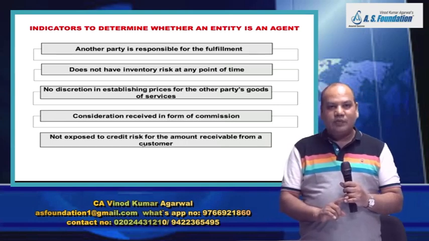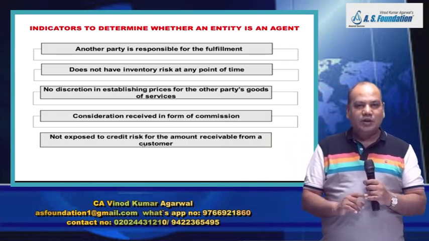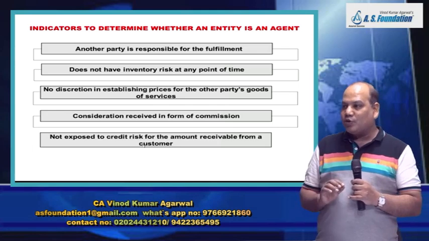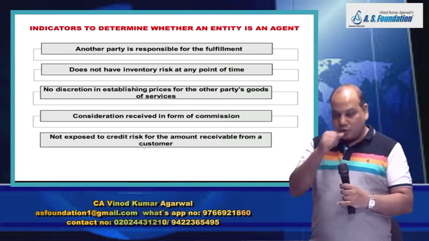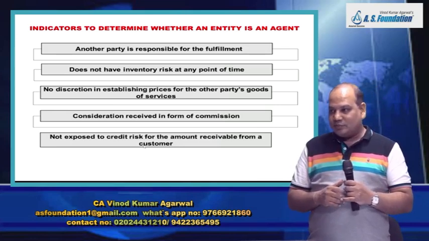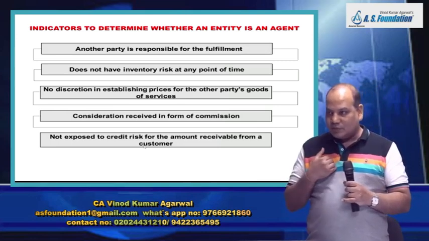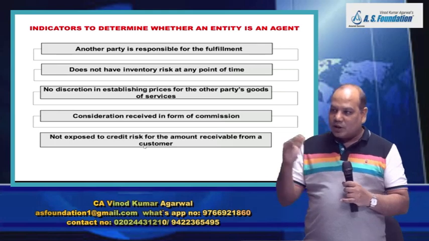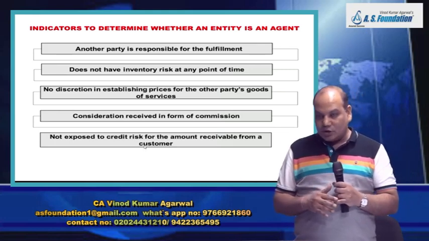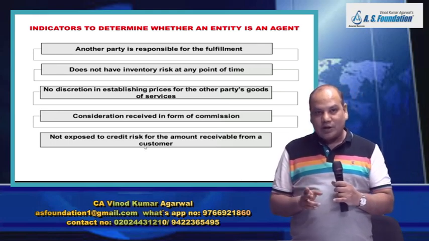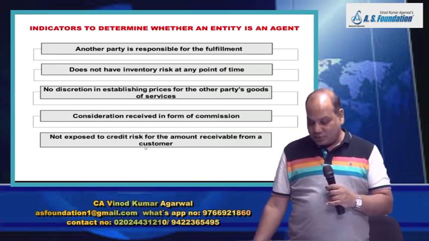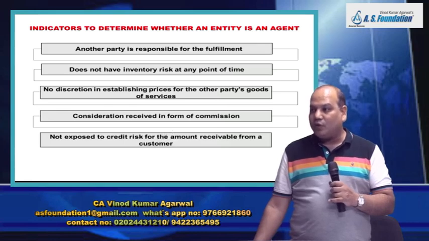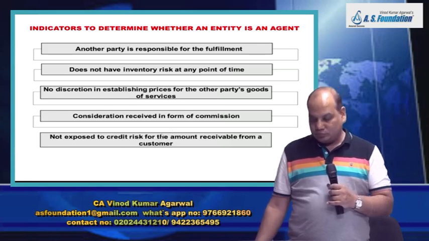So how do I identify an agent? He has no performance obligation. That means he is not responsible for fulfilling the contract himself. It will be done by another party. He does not have inventory risk, does not have credit risk, he cannot fix the prices, and his consideration is in the form of commission.